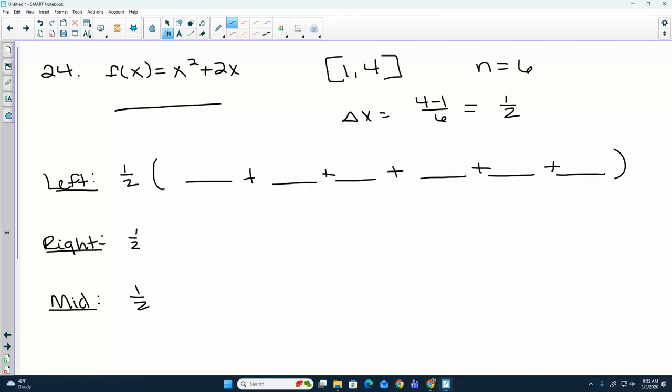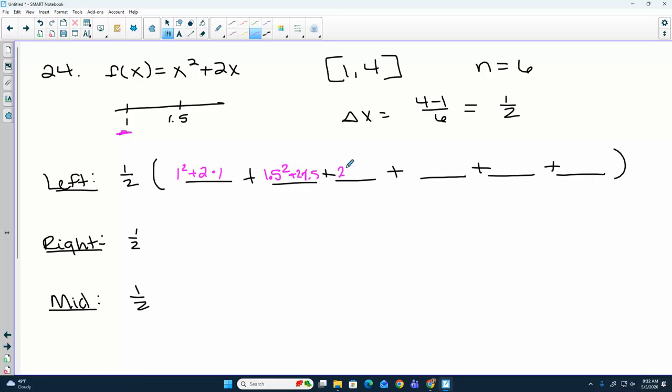So if you think about your left one, you're starting at 1. We're going to go up by 1/2. So 1.5 would be the next one. The left says you start with the leftmost point. So the first number I plug in would be my 1. And I'm plugging it into the function. So 1 squared plus 2 times 1. And then we go up a half. So the next number would be 1.5 squared plus 2 times 1.5. Sorry, that's sloppy. Hopefully you guys know what I'm saying there.